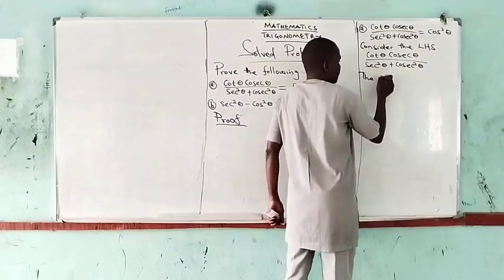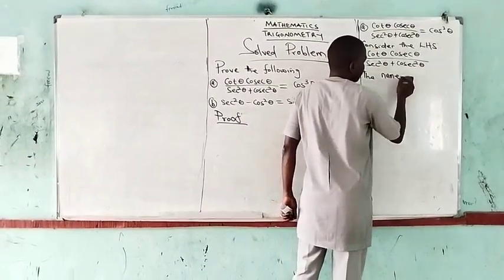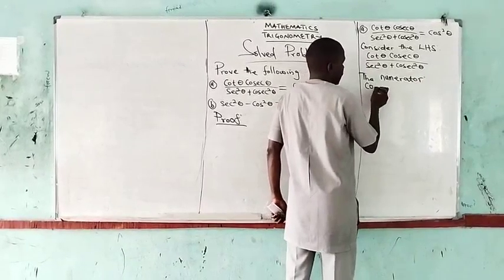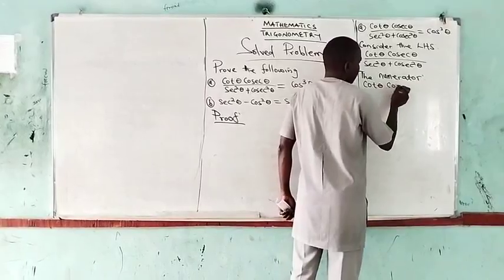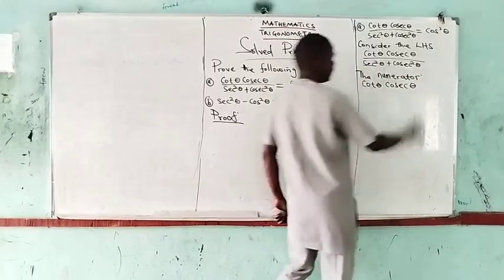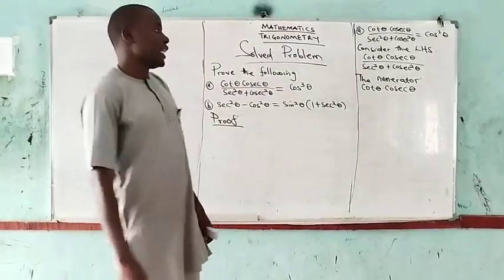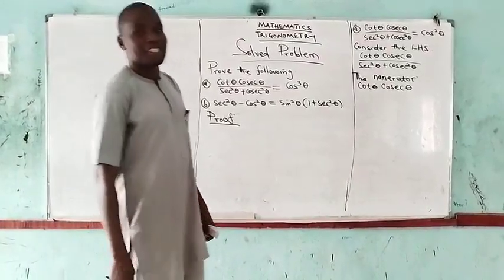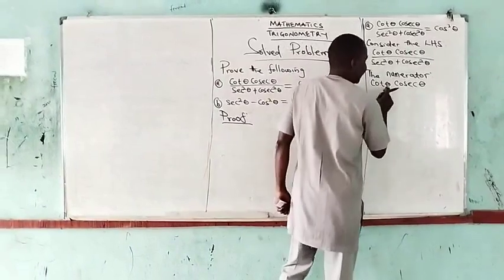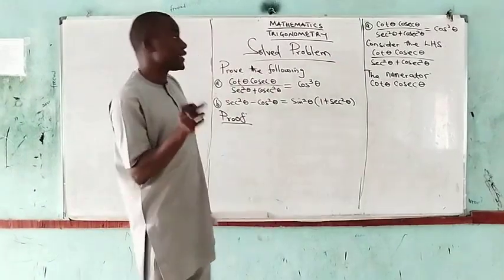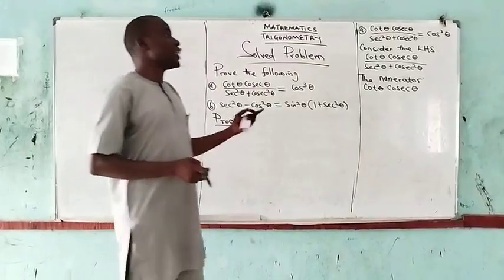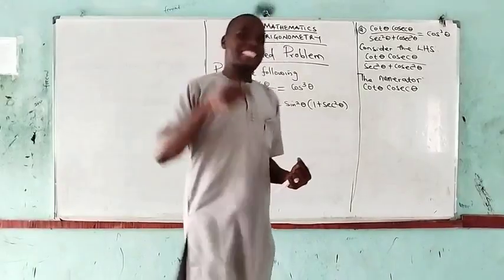So the numerator is cot theta cosec theta. What is cot theta? We can write cot theta as 1 all over tan theta.